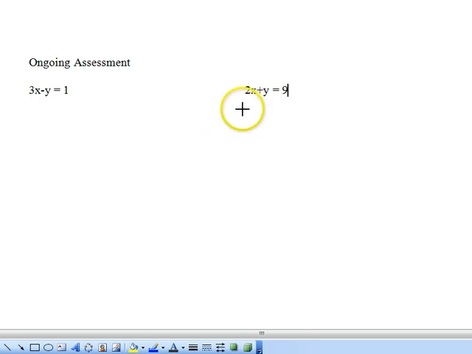Alright, so I'm going to subtract 2x from both sides. And you get y is equal to negative 2x plus 9.